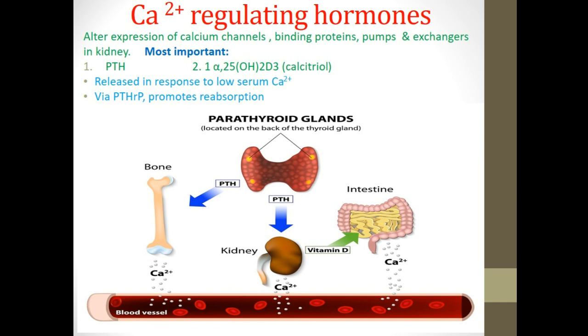The other way: the same PTH acts on kidney cells, and in the kidney it will make the calcium be reabsorbed from the urine, and that reabsorbed calcium again goes to the blood.